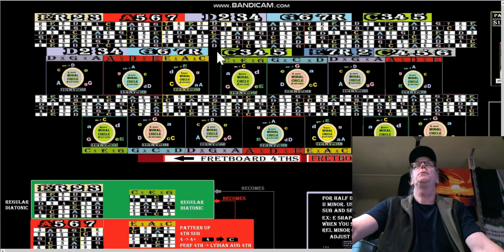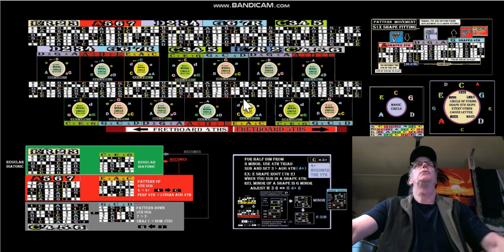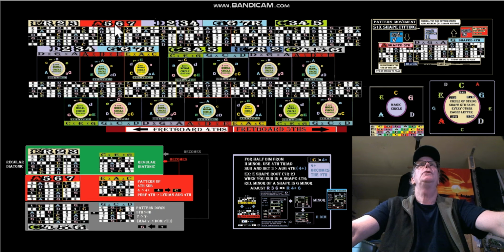lesson. So that's what we have up here. This is just our regular go-to fretboards. We have the modal cages now, where we have the addition of the 4, 5, 6 Lydian cage. We have the 7, root, 2 Locrian cage, as opposed to the root, 2, 3 Ionian cage, which is also an E string shape.